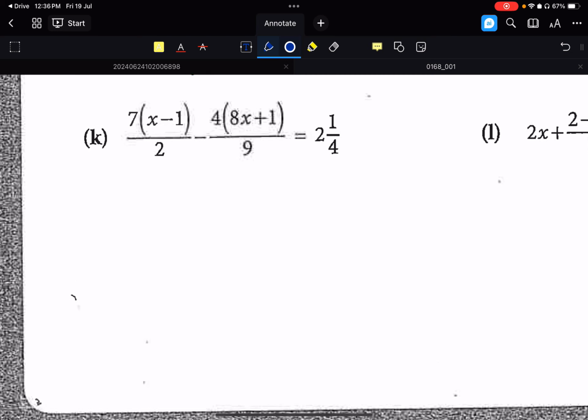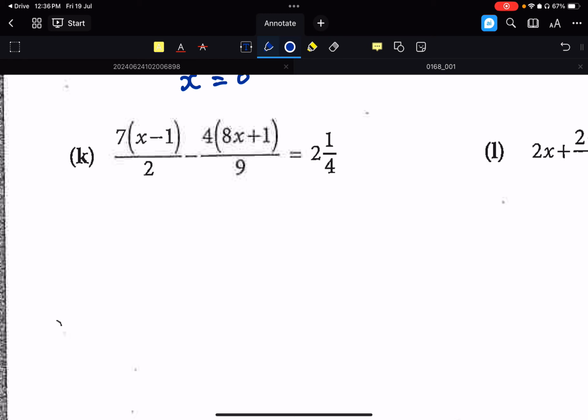Okay, final two examples. Again, this is actually equal to 9 over 4. So the common denominator between 4, 9, and 2 will be, let me see, 36. So I multiply by 36 throughout. 36 times 7 over 2 is 18 times 7, 126.